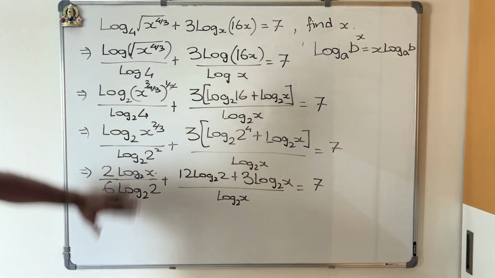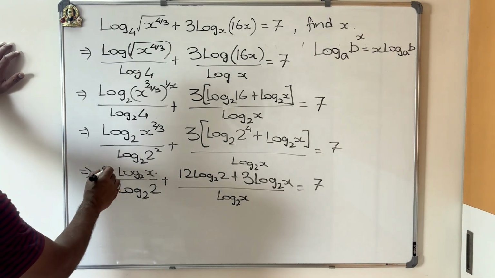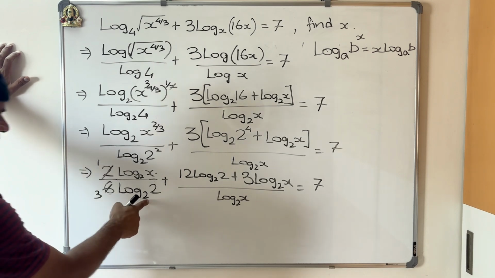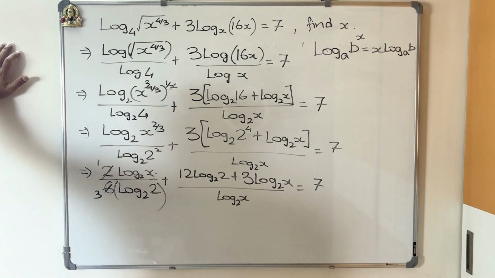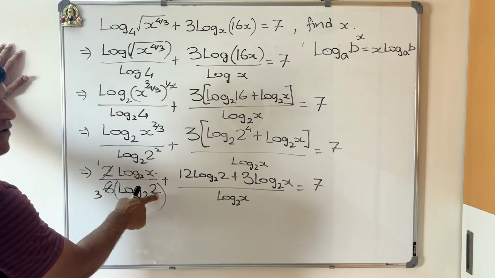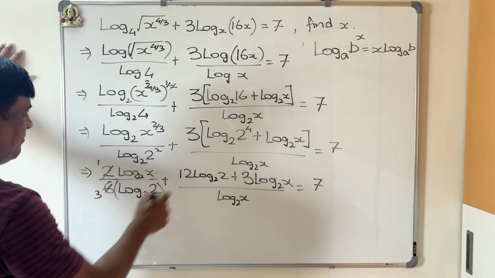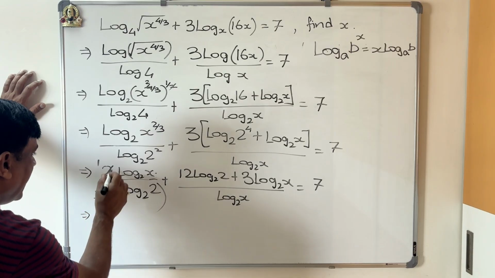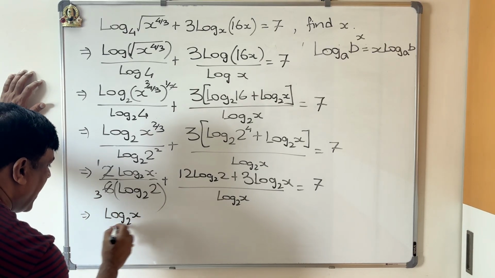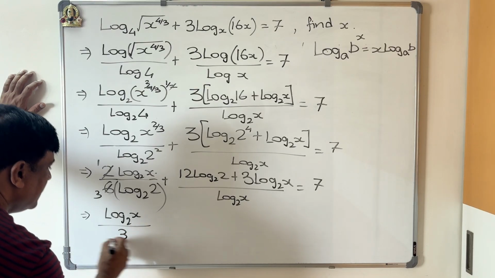Now look at it, it has been simplified, so this one will become 1 by 3, and you have log, and what is this? Log of base 2 to that number will always be 1, remember. Similarly, this will become 1. So you're getting log of base 2x divided by 3.